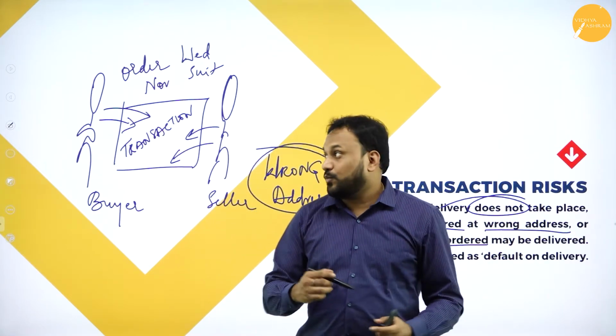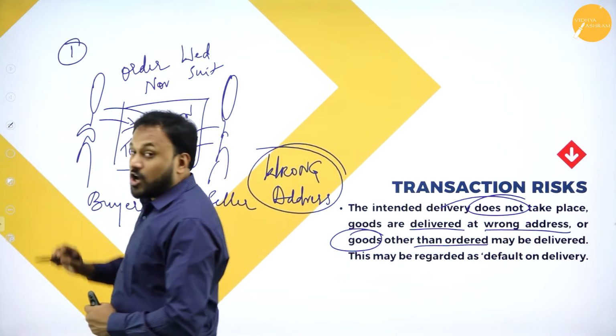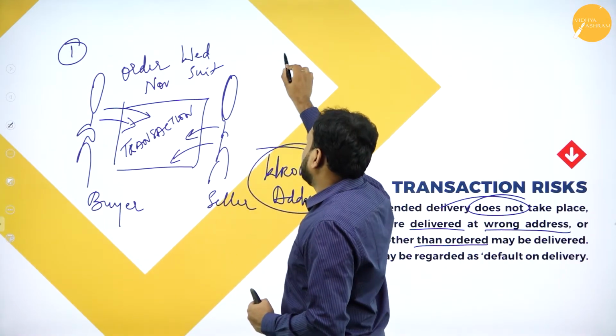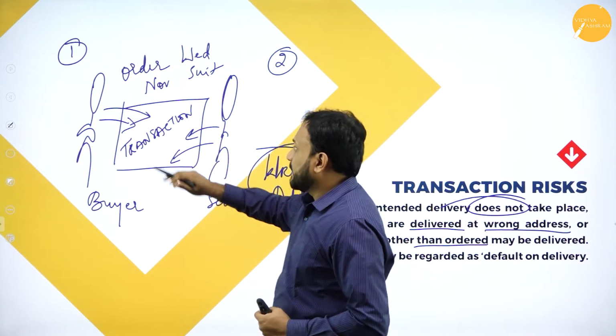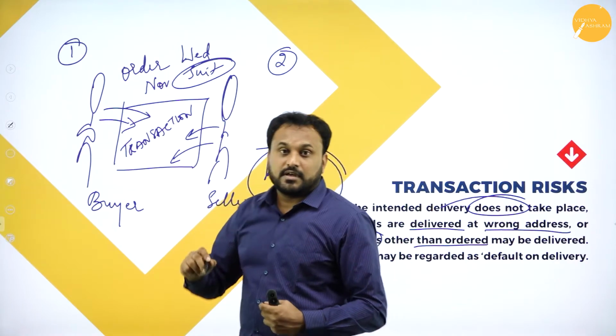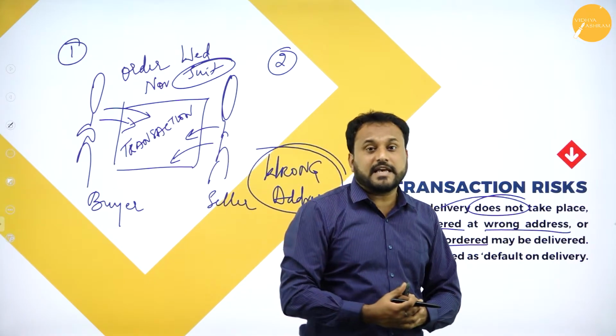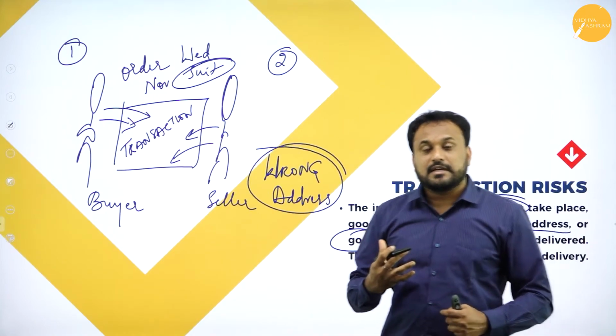One example I gave you was the wrong address. The second one is, he has asked for a suit but actually got a sari. Yes, the probability is there. It has happened. I'll tell you why.